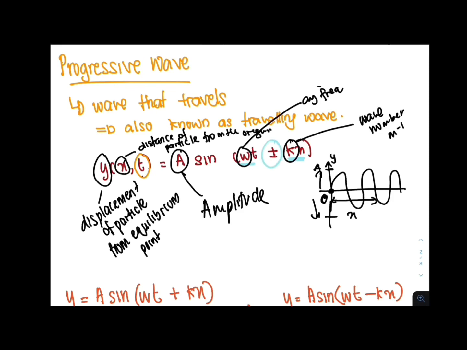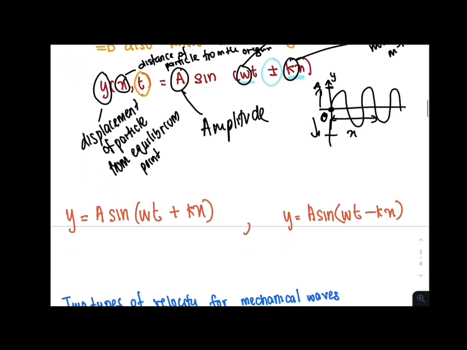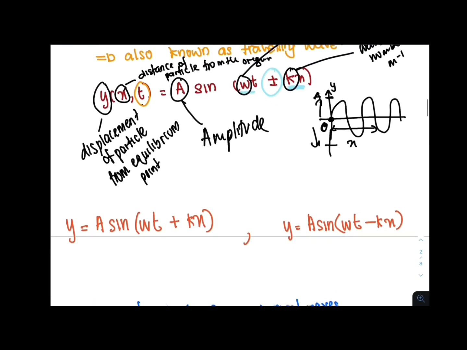And then kalau perasan dalam equation ni kita ada plus minus. This plus minus has a meaning such as, kalaulah equation kita dia jadi y is equals to a sin omega t plus kx. Okay, what does this plus here means? That your wave is travelling to the left. Maksudnya wave tengah travel ke kiri. Alright.